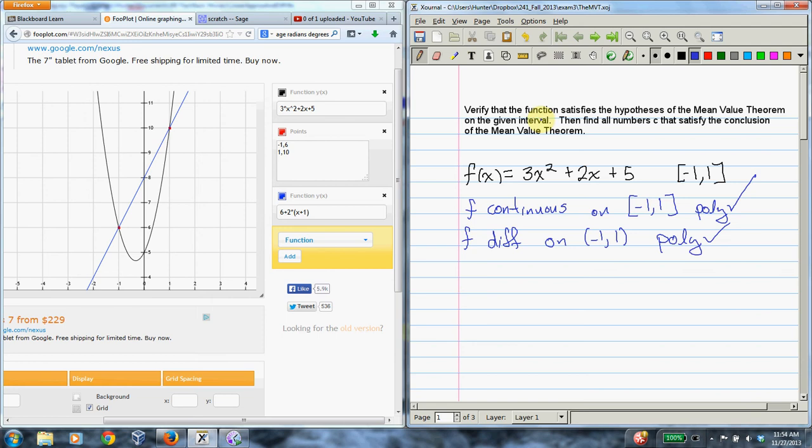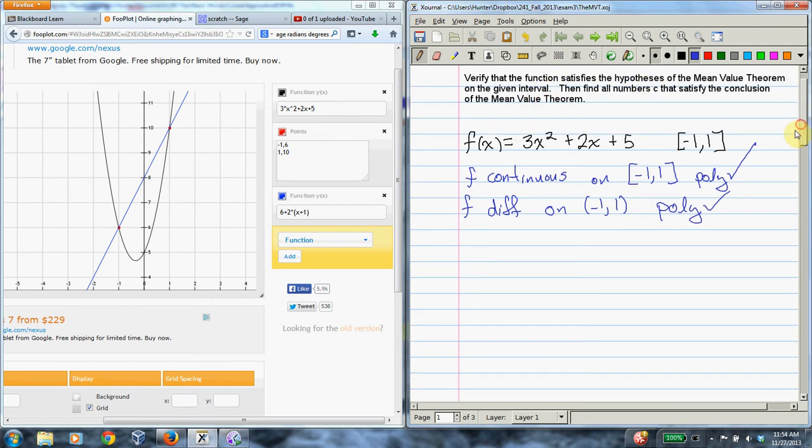Alright, so that takes care of the first part, and now we just have to find number C that satisfies the conclusion of the mean value theorem. So what is the conclusion of the mean value theorem? Remember the picture is like this. You have 2 points, then you continuously and smoothly connect them, and then there has to be some input where the tangent line is parallel to the secant line that connects those 2 points.